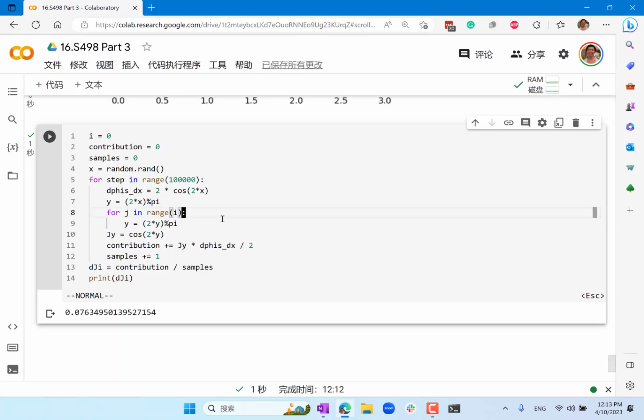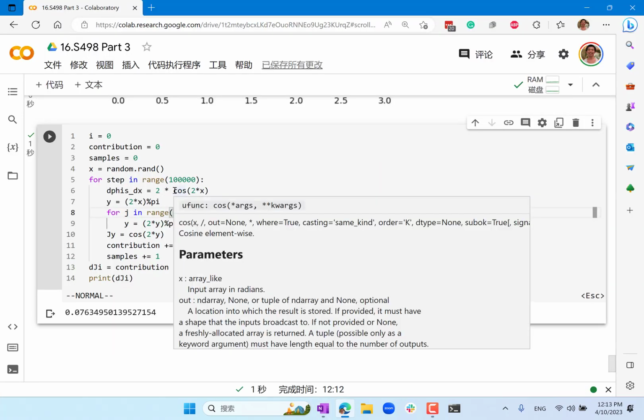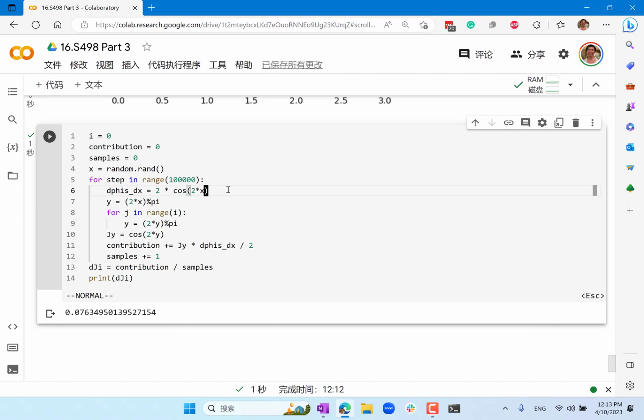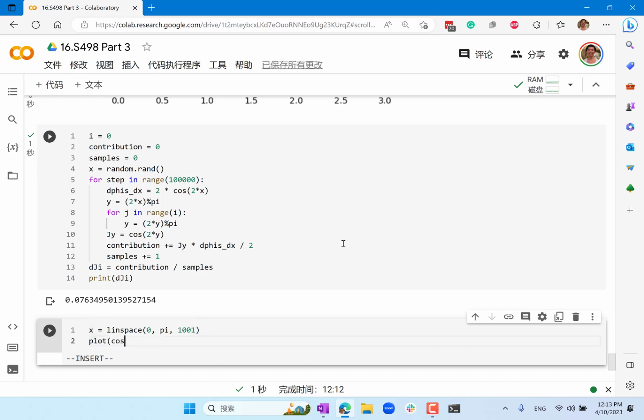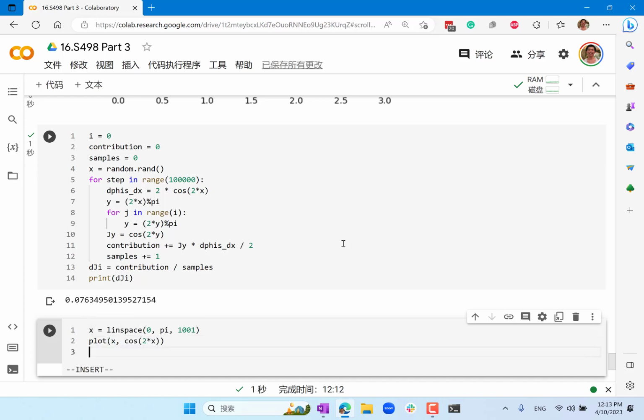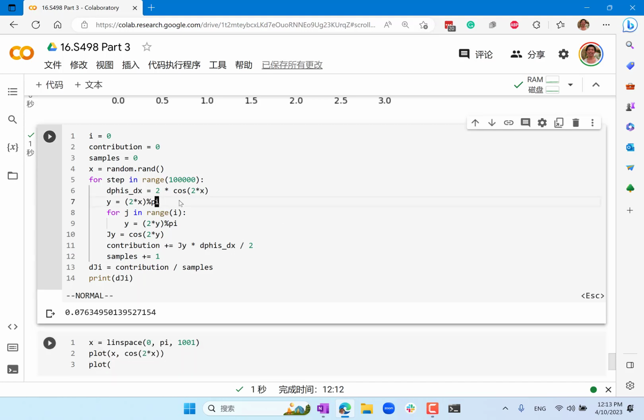Okay, and both of the two terms are cosine of 2x and cosine of 2y. So if you plot cosine of 2x and cosine of 2y, let me actually do it over here. If x is equal to linspace of 0 to pi, and if you plot cosine of 2x, and you also plot cosine of 2y, so y is equal to that.